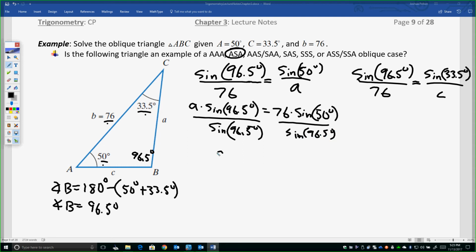Okay, so that gives us our A value. Do the same thing over here, cross multiply: C times the sine of 96.5 equals 76 times sine of 33.5.